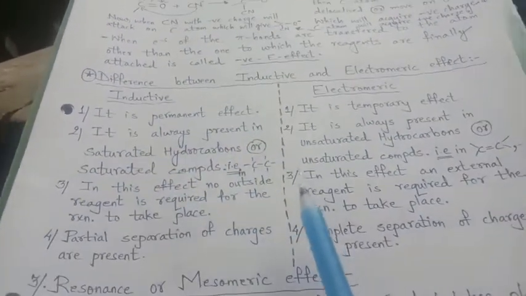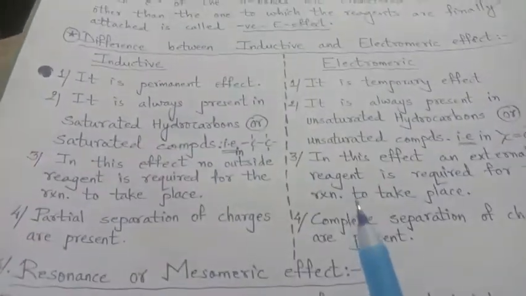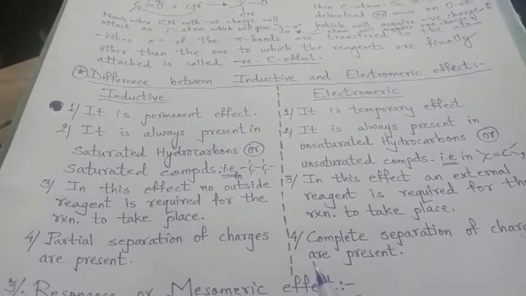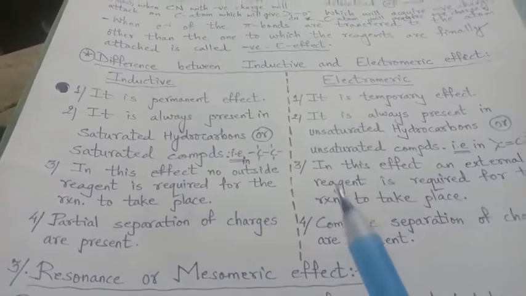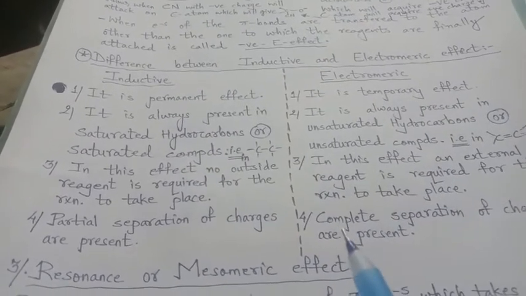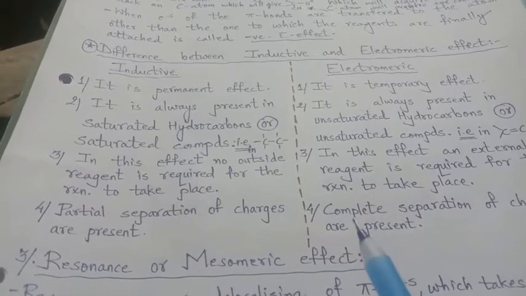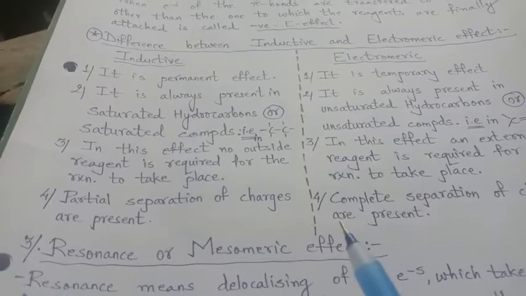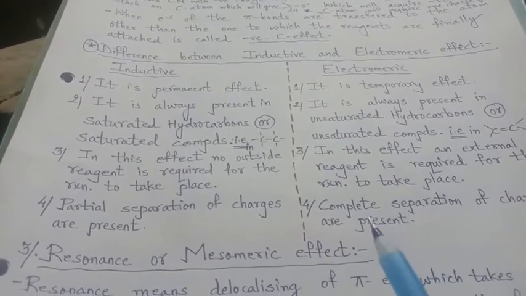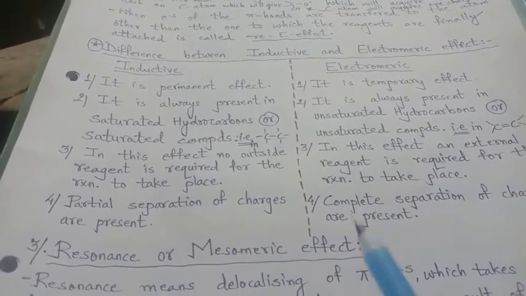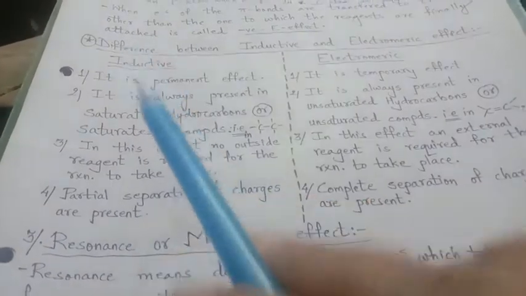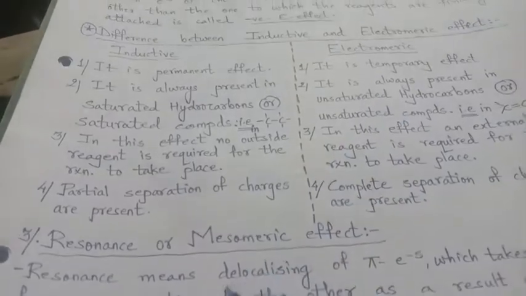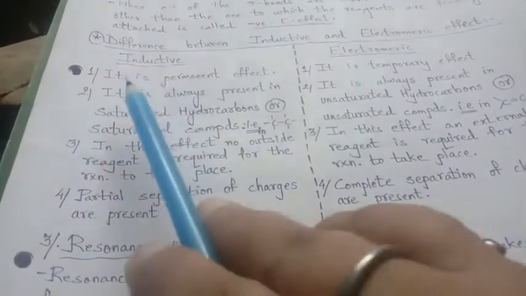So now let us see the difference between the inductive and electromagnetic effects. You have to read all these effects again and again because they are the base of organic chemistry. When in 12th standard you learn more and more reactions, the basic idea will come from these effects: the inductive effect, the electromagnetic effect, and more effects we are going to study further.